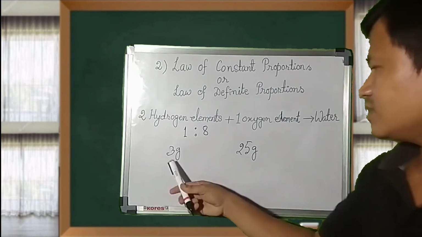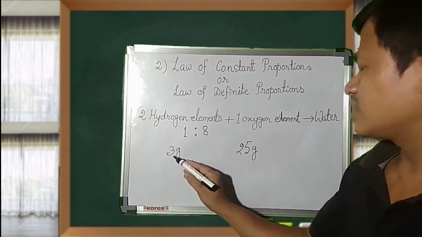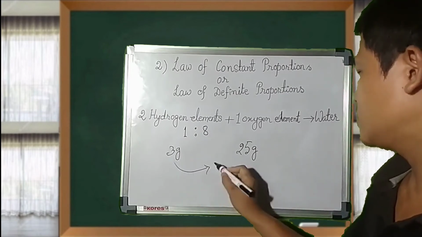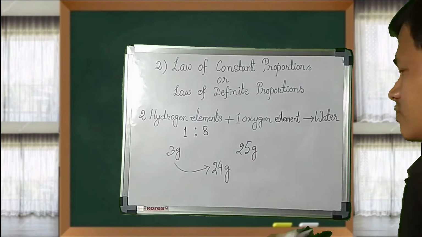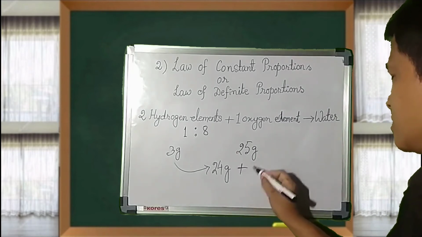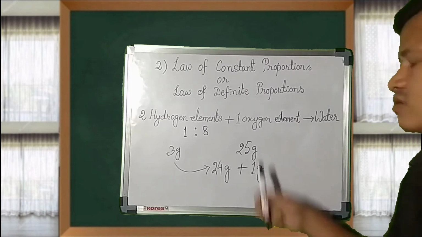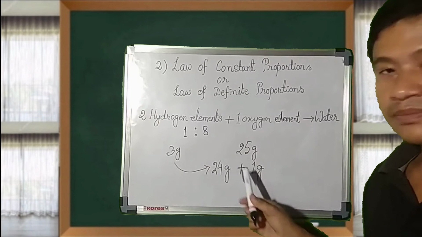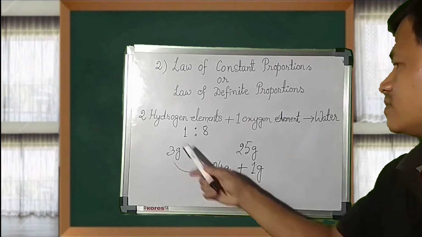Then these 3 grams of hydrogen can fully combine with 24 grams of oxygen, and the remaining 1 gram of oxygen does not take part in the reaction because the elements always maintain this ratio.